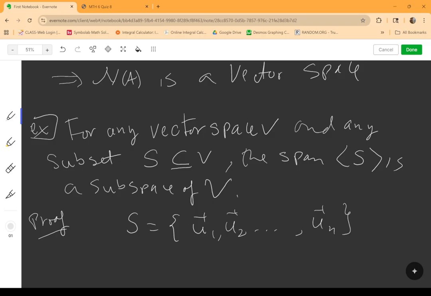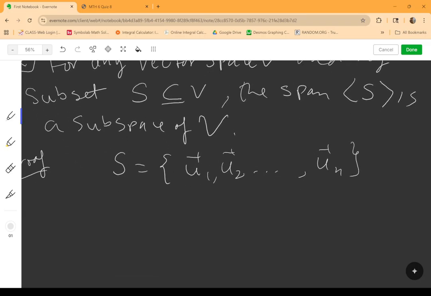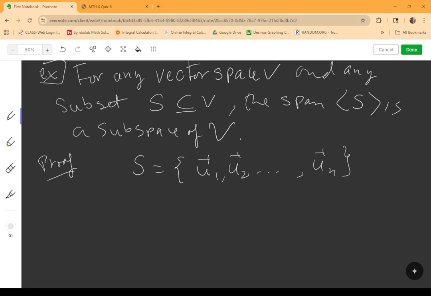I want to prove that the span of S is a subspace. First, let's show that it's not empty. Remember, what does it mean to be an element of the span?